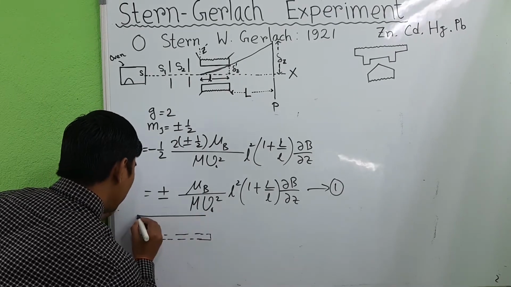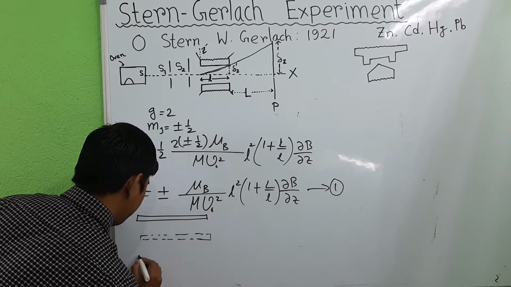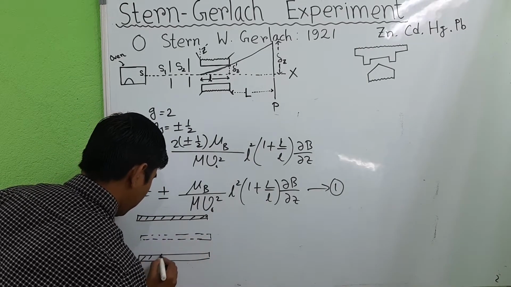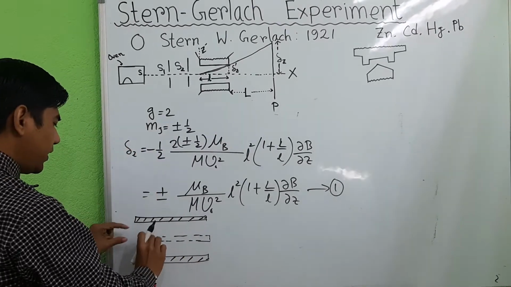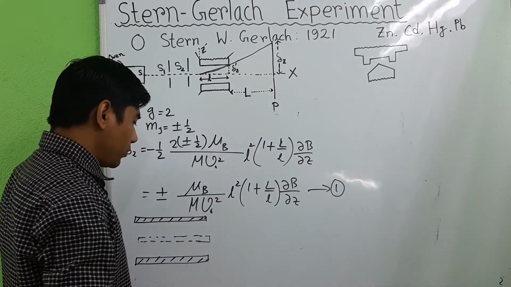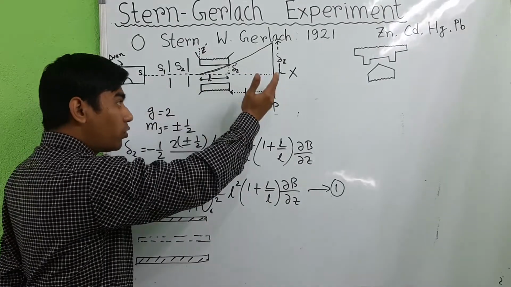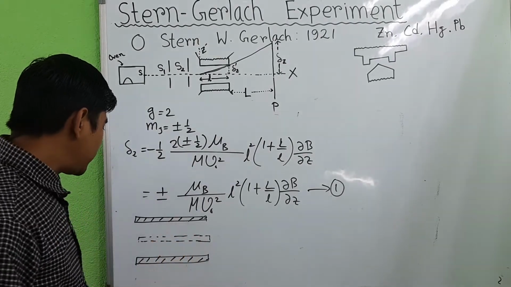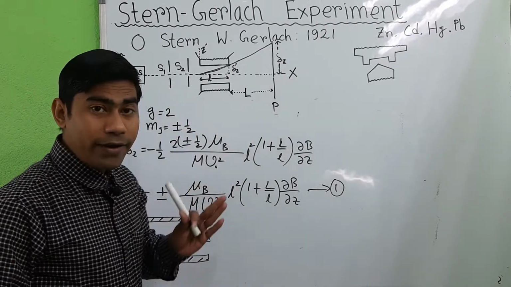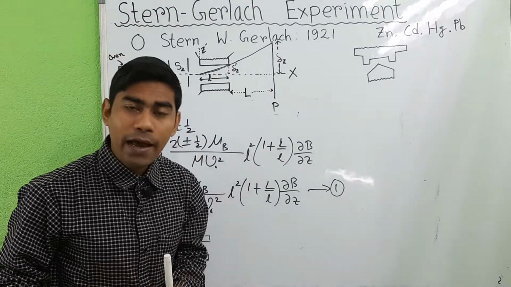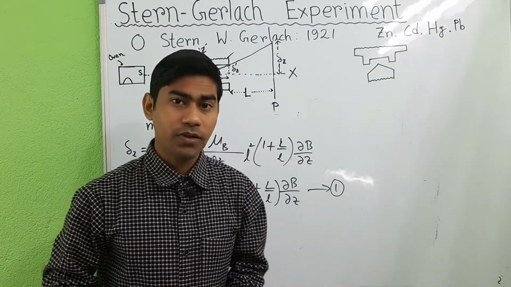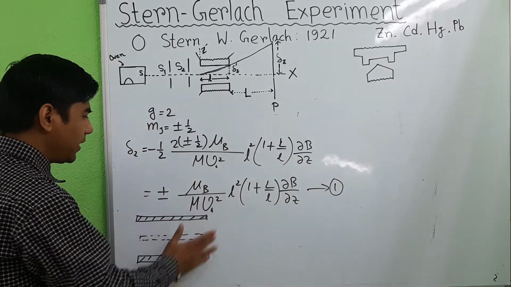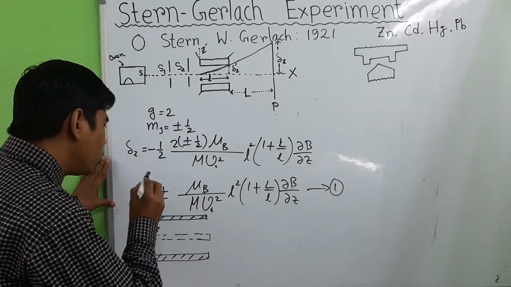If we draw this, we will get this type of pattern. This is the linear trace produced by the silver atoms before application of the magnetic field, and these are the two linear traces produced after application of the magnetic field.